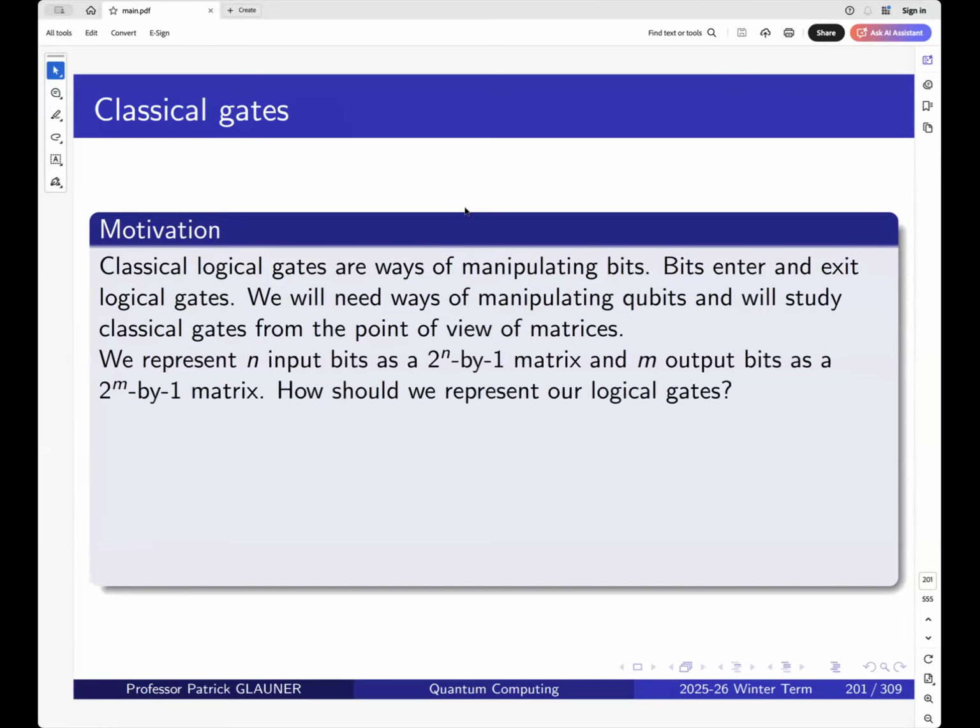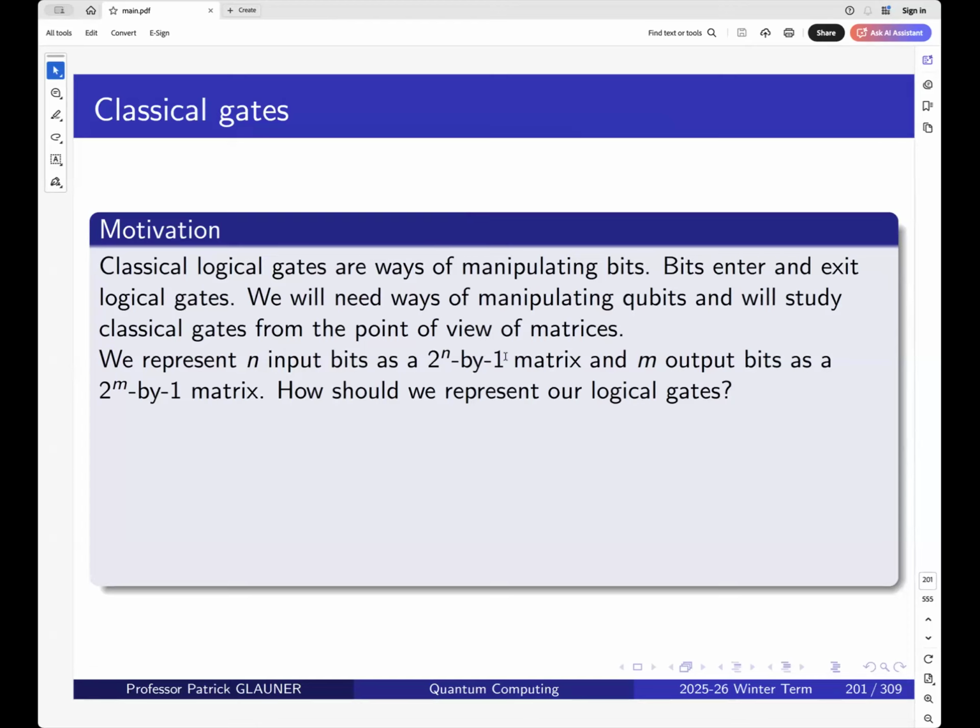And you have learned about these classical logical gates purely from a logical perspective in your first semester when you studied computer science. And this time we will see all of this from a vector matrix notation, so purely from linear algebra, not from a logical perspective. But this will turn out to be very helpful because then we can use all of this for quantum gates.